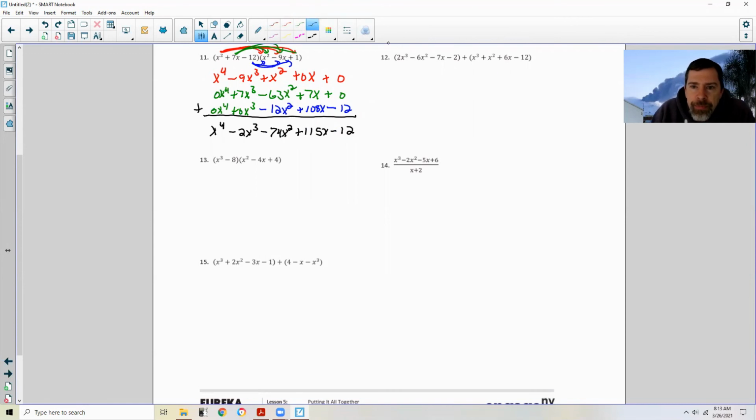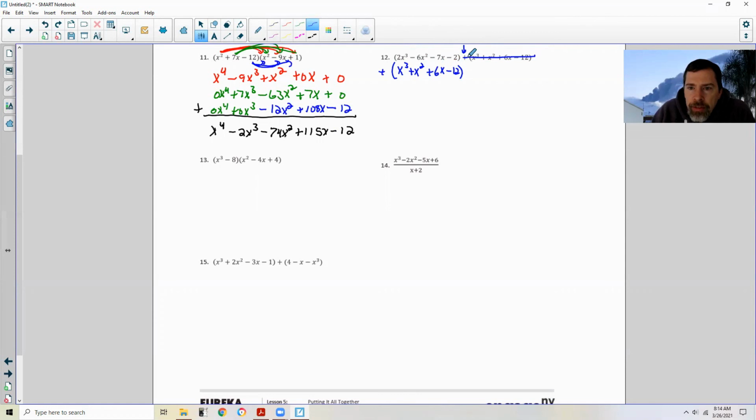Next one. Simple. There's a plus sign here. See this x cubed? Line it up over here. Put x cubed over here. And if you want to put the parentheses, that's fine. Plus x squared goes under the x squared plus x squared. Plus 6x plus 6x minus 12 minus 12. So I'm now going to ignore this. It is now under here.